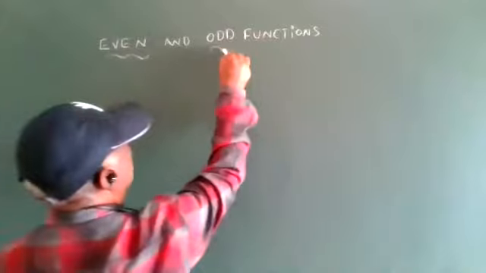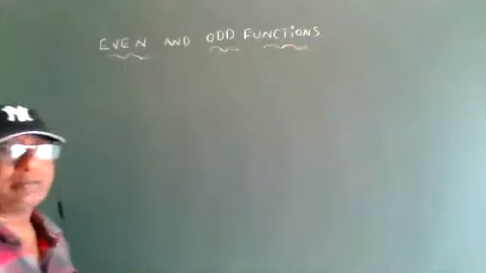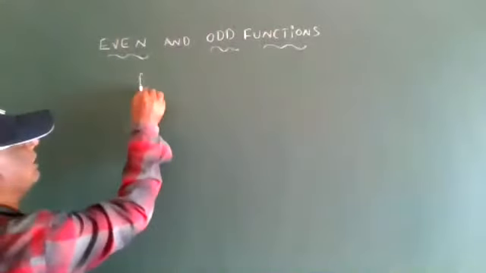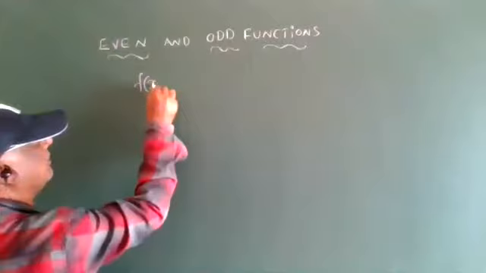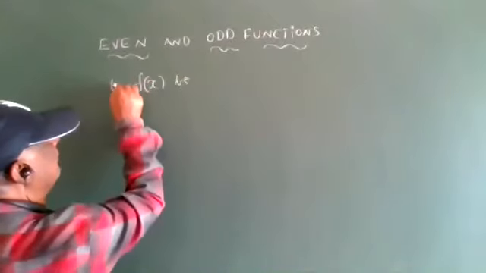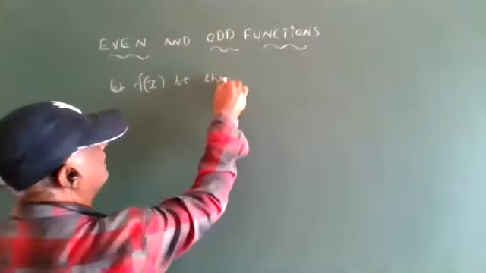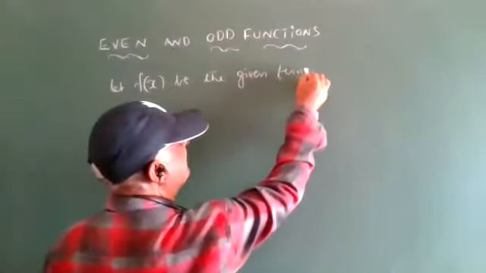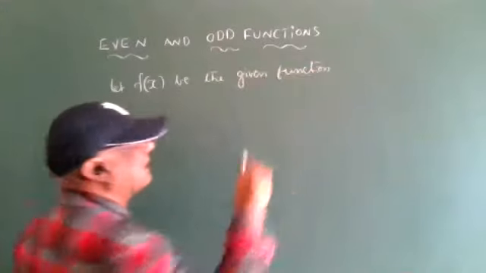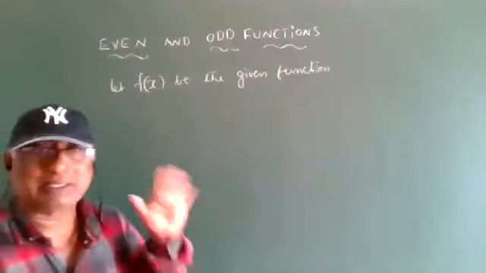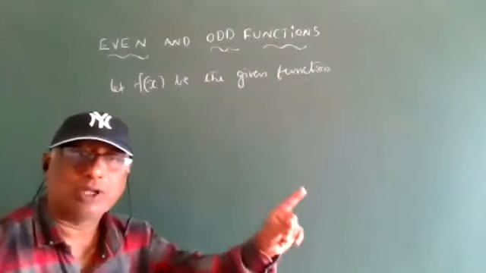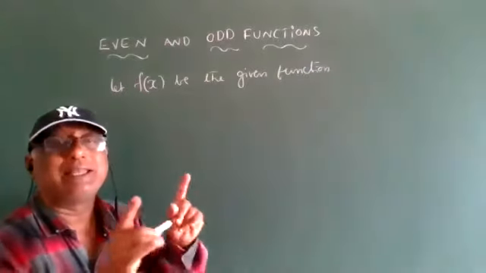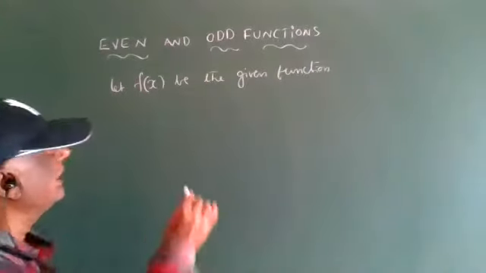Let f of x be the given function. If x is replaced with minus x, and we get the same positive value of f of x, then it is called an even function.